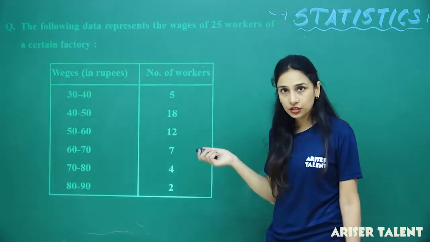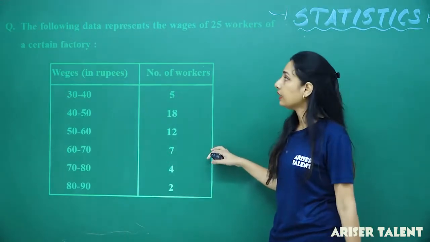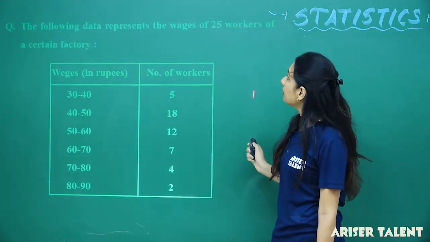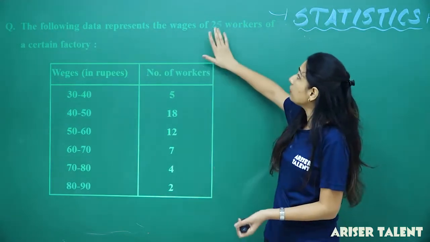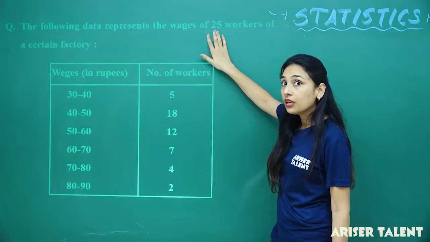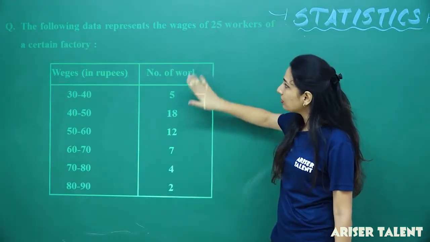This is the question you are doing in your homework, we will discuss it in the next lecture. The following data represents the wages of 25 workers of a certain factory. Now, it is 25, that means the summation of the frequency will be 25.